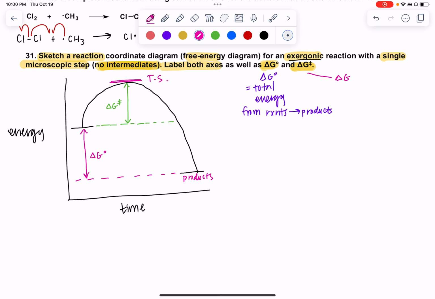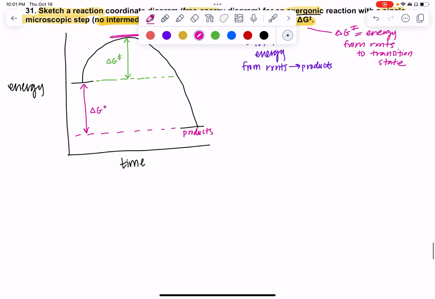Delta G double dagger is the energy total, or let's just say it's the energy from reactants to transition state. And that's it. So just study and be able to read and label these. That's the biggest thing. It's really not as hard as it may look in the initial glance. So just be able to identify those parts. And that's it.